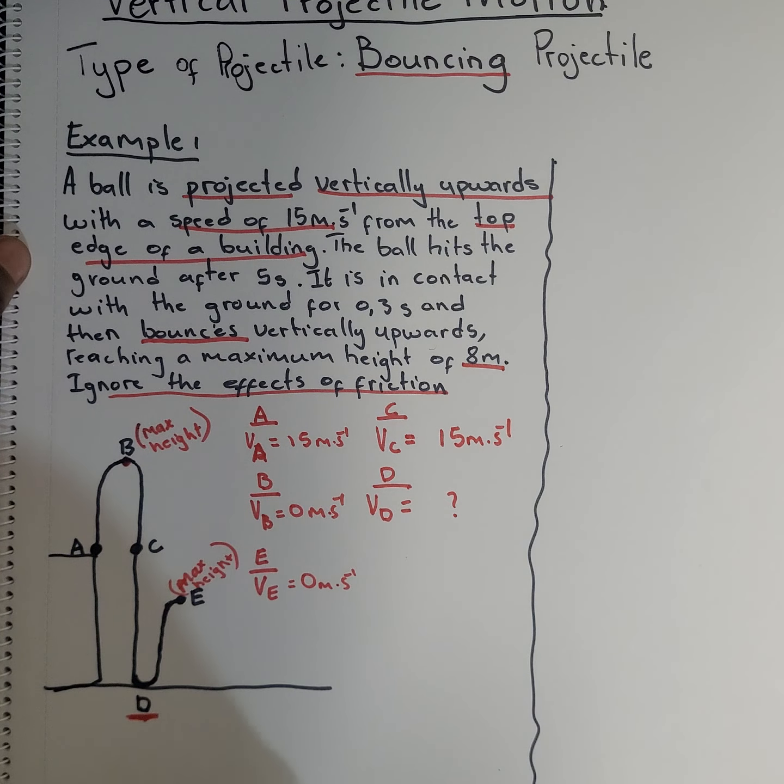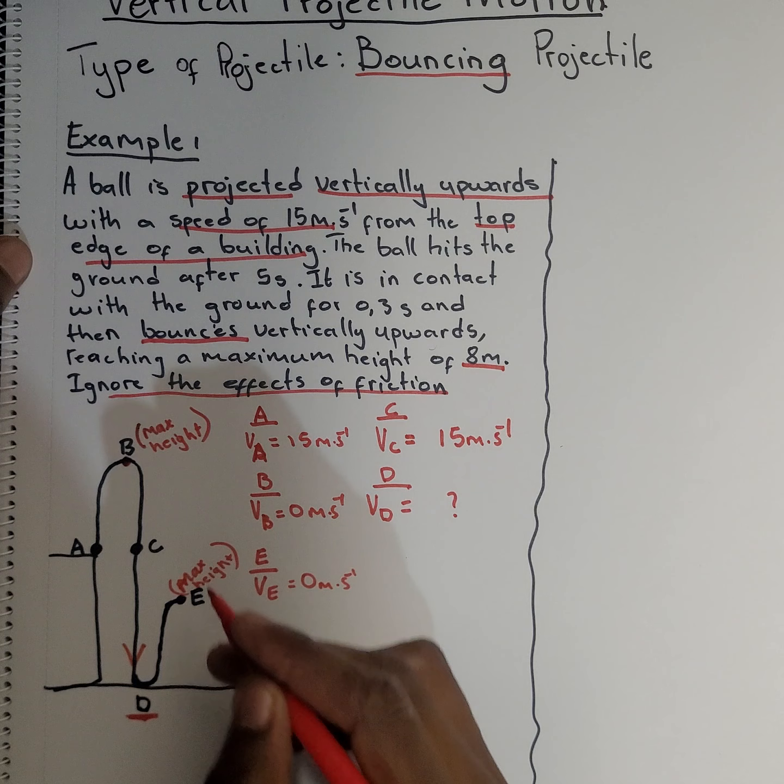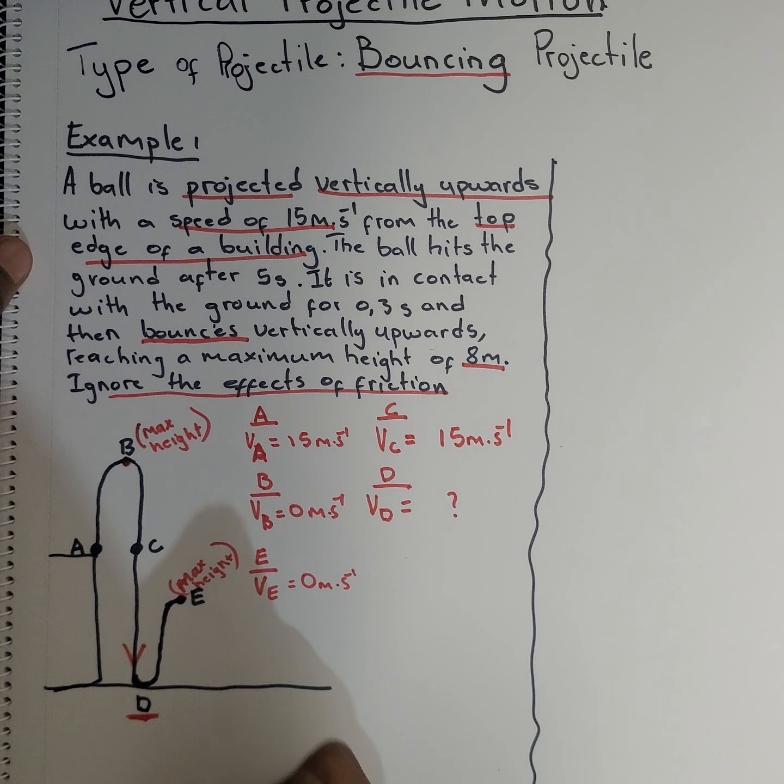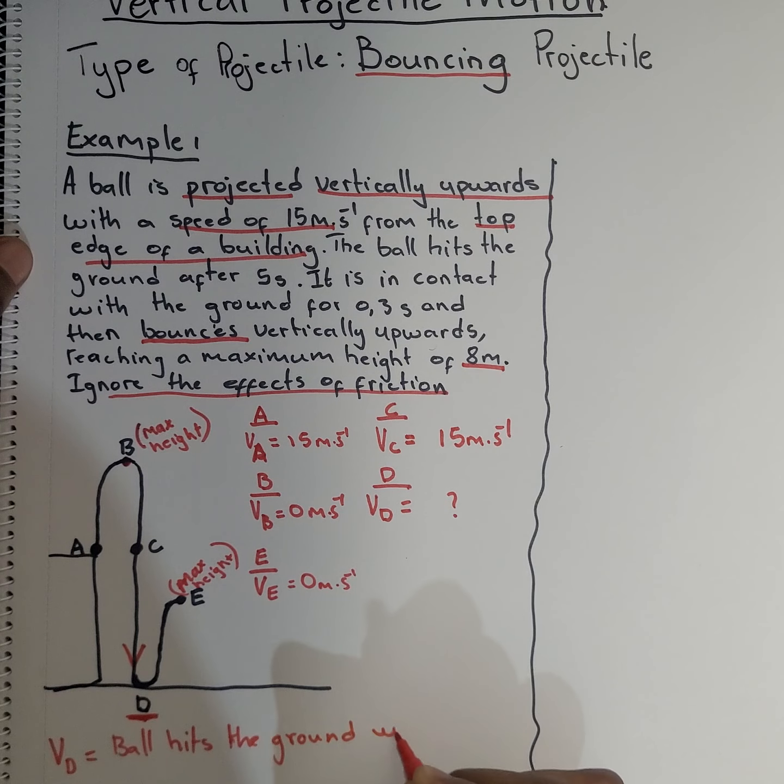Now at point D, remember this ball was going in this direction, downwards. So we have two velocities at D. The velocity with which the ball hits the ground, that is when the ball was going down.